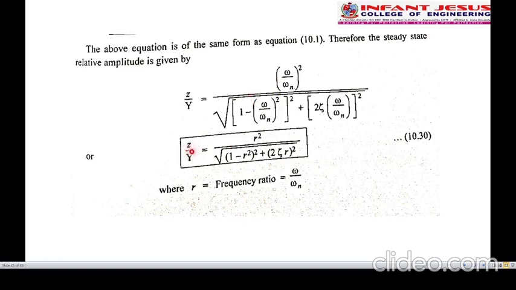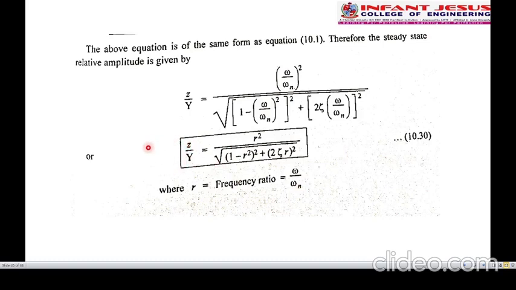The answer is sufficient for solving the problem. So z by Y equal to r square by root of 1 minus r square the whole square plus 2 zeta r the whole square, where r is equal to omega by omega n. This is the end formula for the relative amplitude.